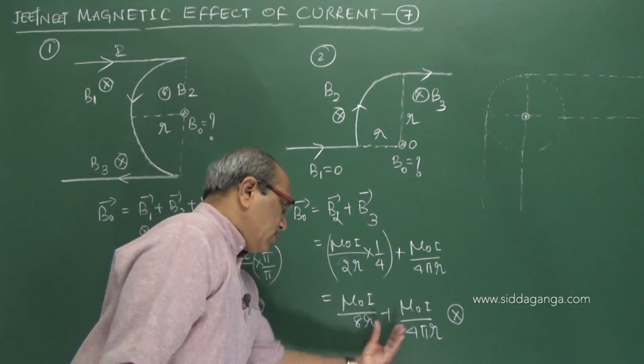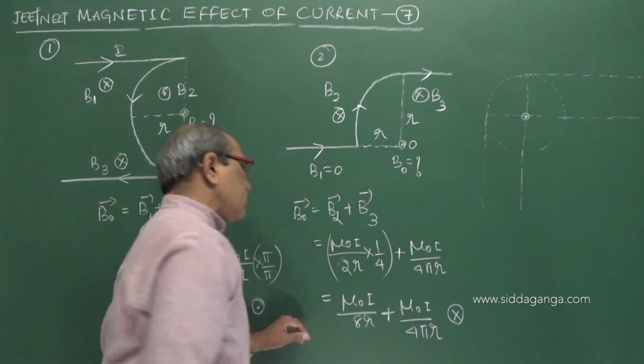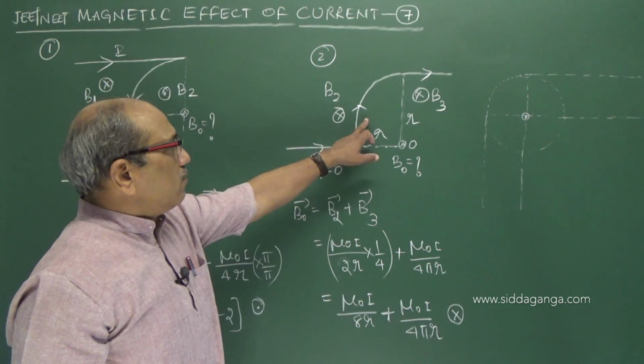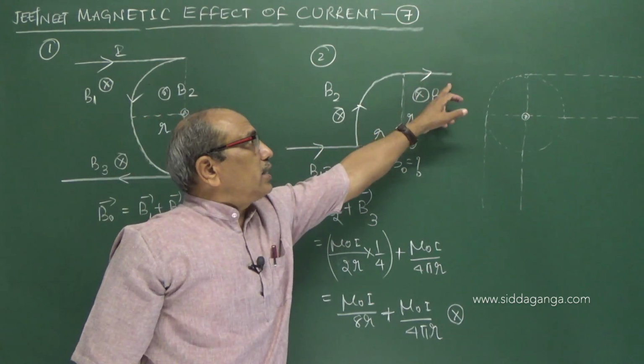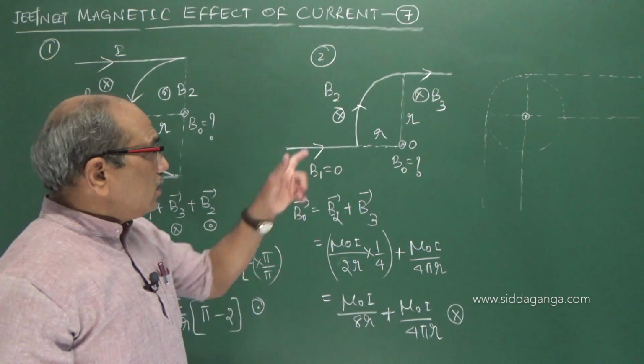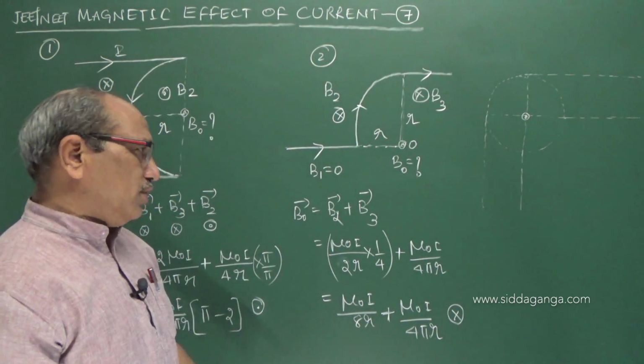You can make the suitable arrangement from this. This is the field by the quarter of the circle, and this is the field by the straight line portion of the wire. Into the board, the field is what both are giving you.